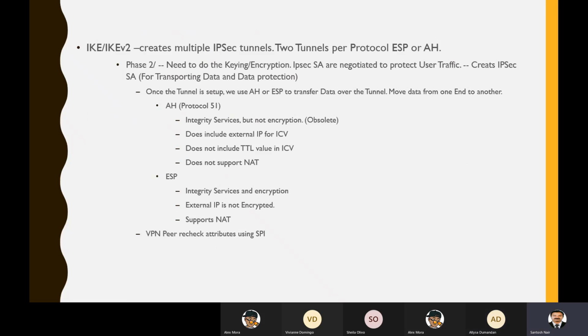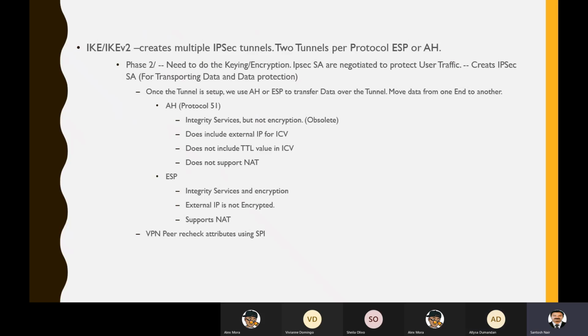Next is phase 2. Phase 2 is basically for once the security parameters are exchanged and agreed upon. Next, the tunnel is being built for transferring the traffic. So in phase 2, the tunnel is for data transmission, and the traffic in the tunnel is formed.